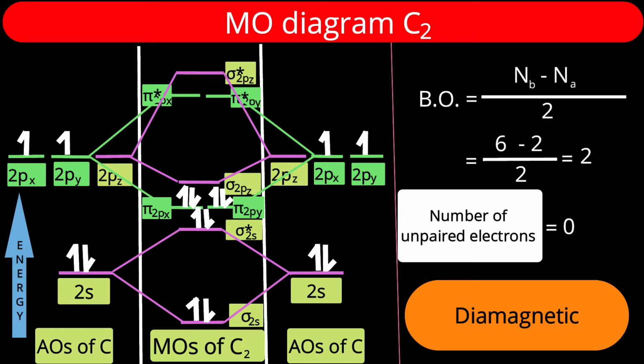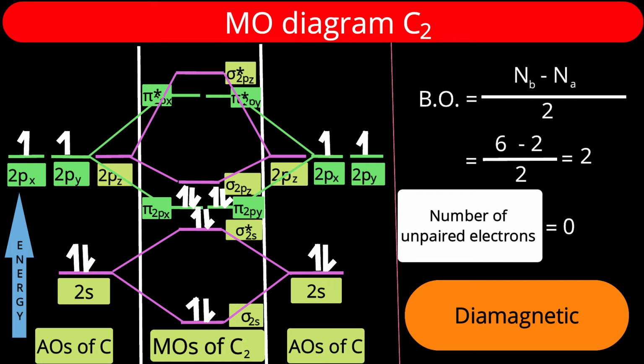Because of 2py and 2py interaction, I'll get pi 2py as a bonding orbital and pi star 2py as an antibonding orbital. The two bonding orbitals resulting from pi interaction, pi 2px and pi 2py, are of the same energy. They are degenerate, but their energy is lower than the energy of the respective atomic orbitals.